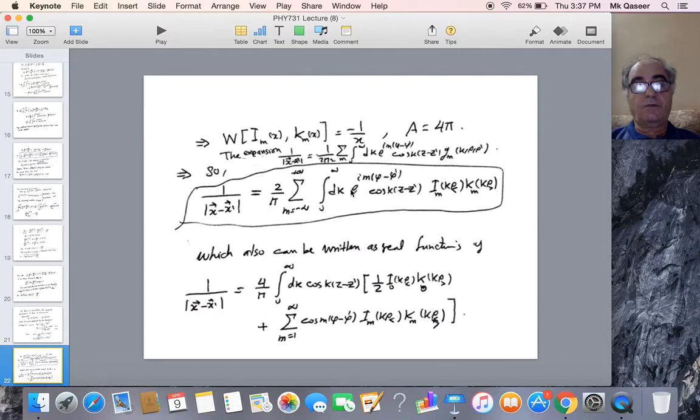This is in fact two expressions. You have to break this into two terms, one for rho less than rho prime and one for rho greater than rho prime. We can write this also if we break the summation into three terms, m equals 0, and the sum from minus infinity to minus 1 and from 1 to plus infinity. We get this expression.